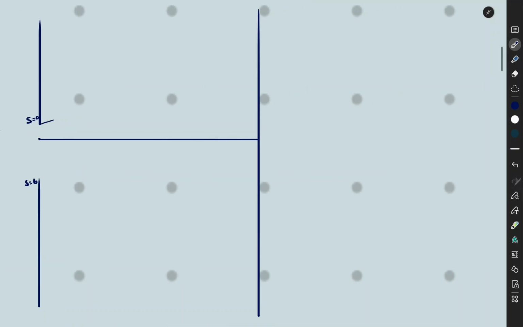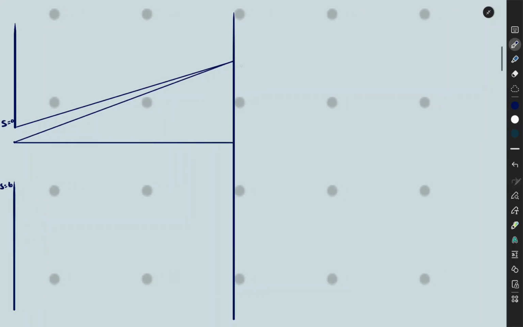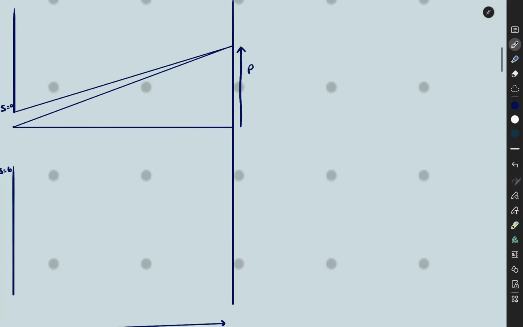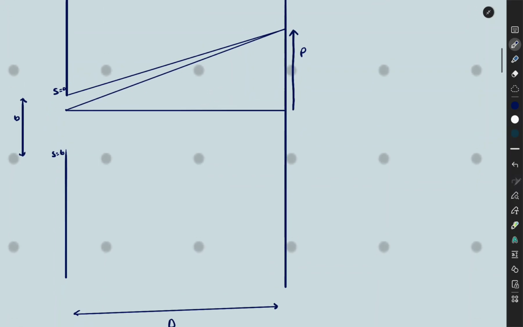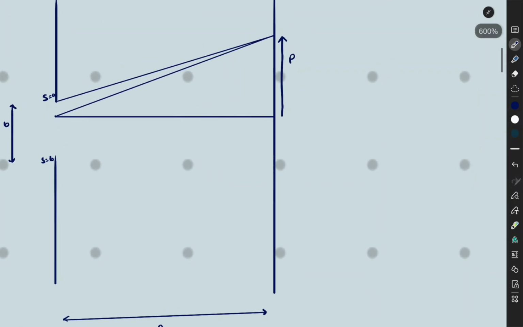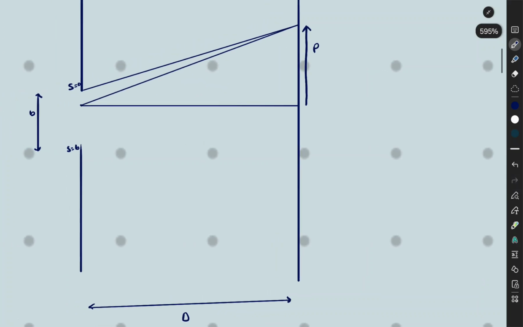A light ray is traveling like this from this point, and from this arbitrary point it is like this, and this point we will consider as P. So we will see what is the effect of the light wave at P. As D is very much bigger, we will assume that the light rays are traveling in a path parallel to each other.